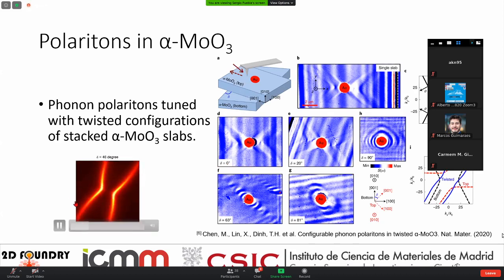These are the Fourier transform of the real space, so it's the reciprocal space, and as you change the angle of the two slabs, the dispersion changes as well.